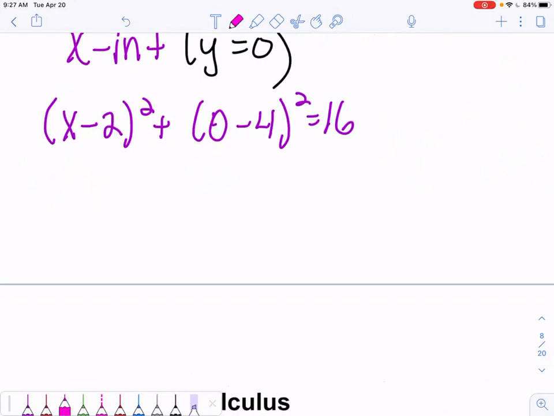So Gianna, how would you start solving for x for the x-intercept? So if this is 16, what happens when you take it to the other side? It would become 0. And then what would you do, Gianna?